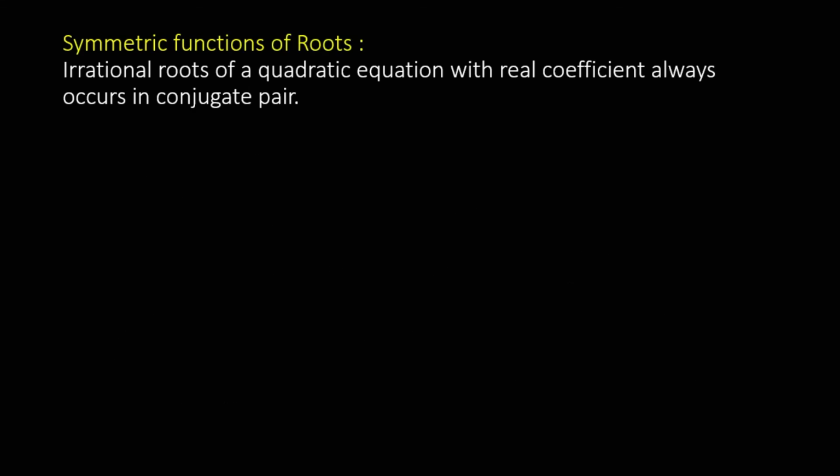Now next, symmetric function of roots. What do you mean by symmetric function of roots? Symmetric function of roots means if we have two roots, α and β, and if we interchange the position of α and β and there is no change in the expression, then such a function is called a symmetric function of roots.